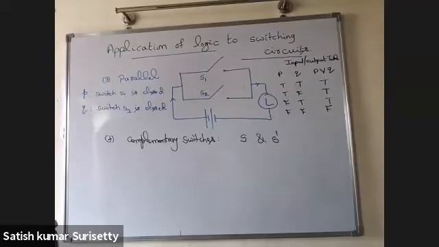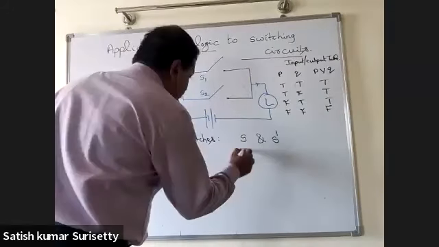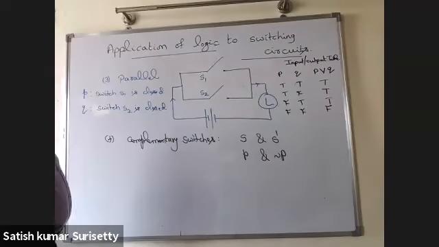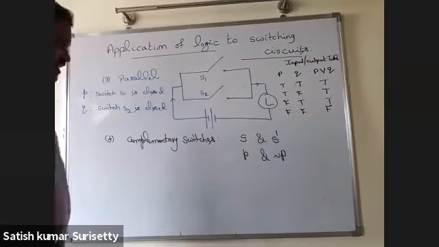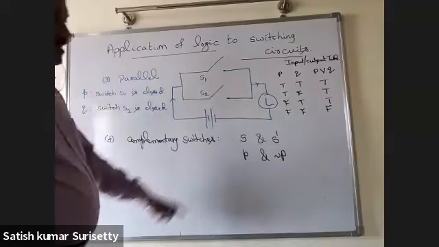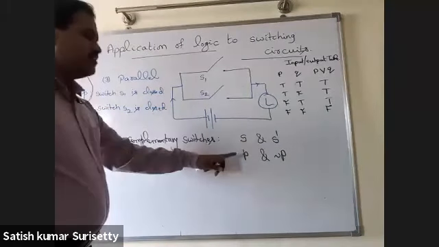The corresponding statements must be taken as P and negation of P. So if S is closed, then the statement P will be what?